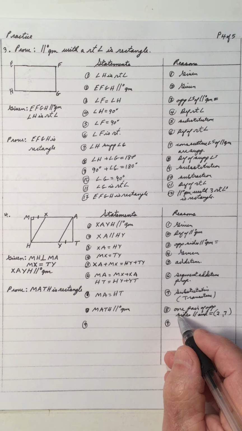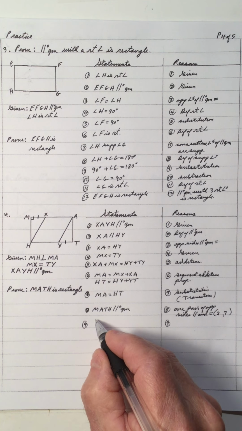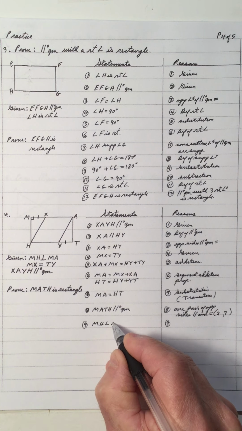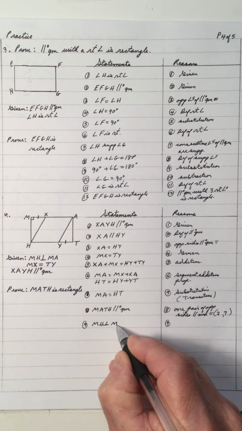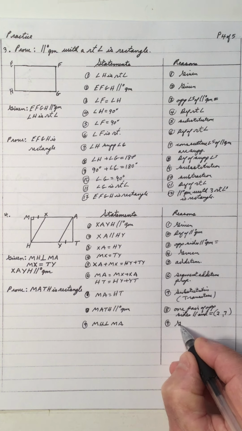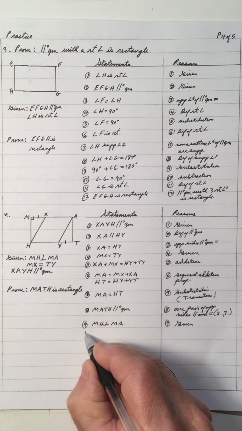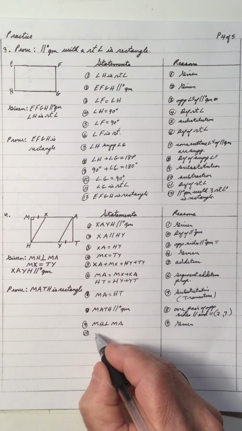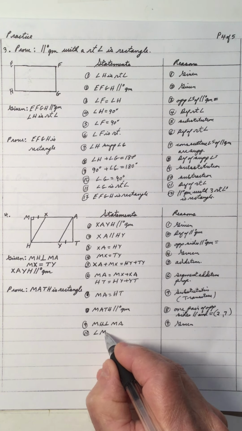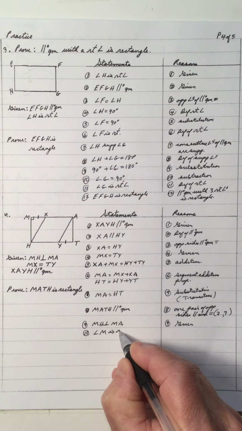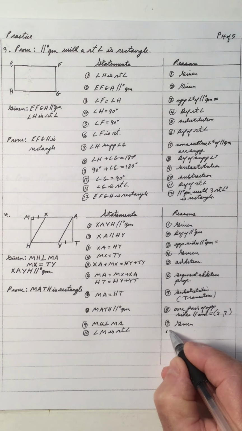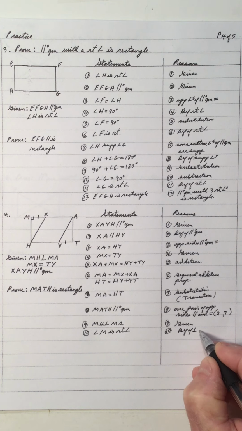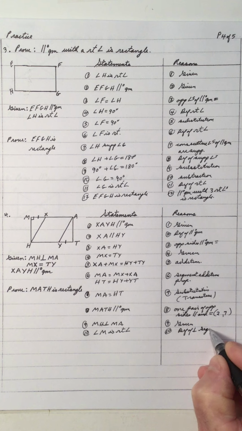So we need to get a right angle. We're told that MH is perpendicular to MA, given. So MH perpendicular to MA means that angle M is a right angle, by the definition of perpendicular segments or lines.